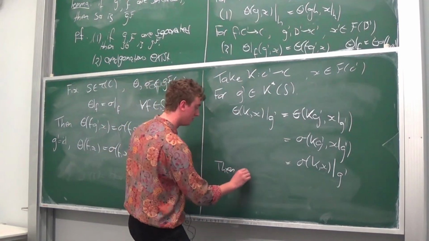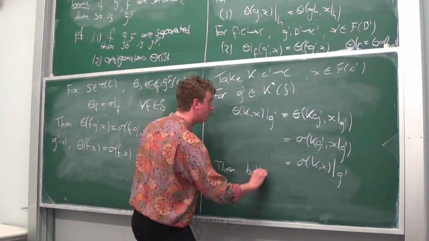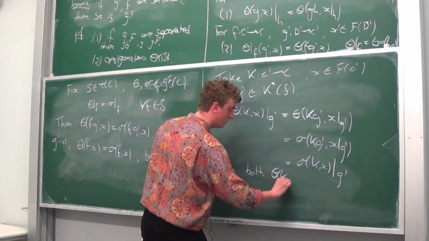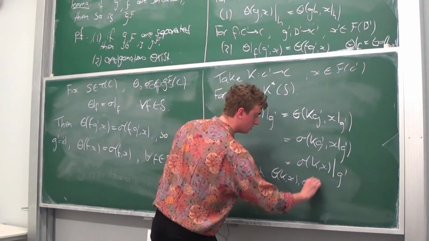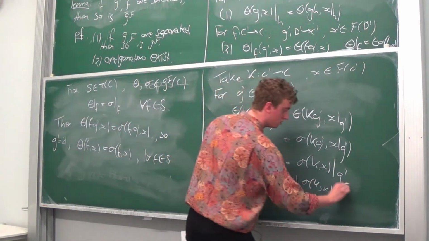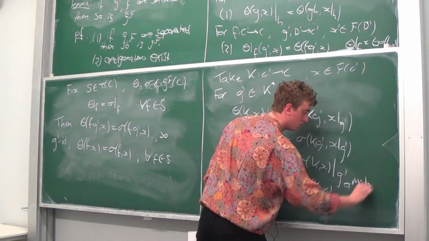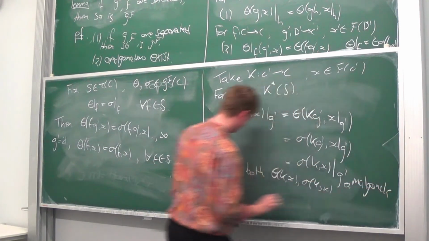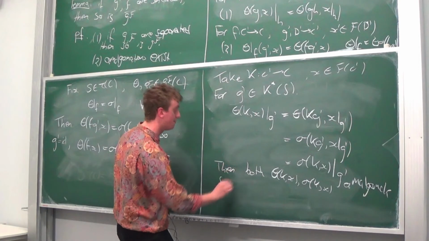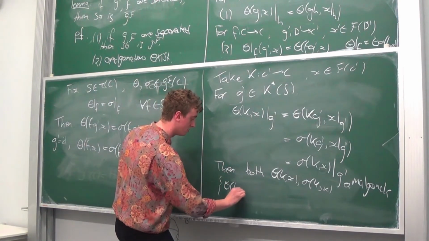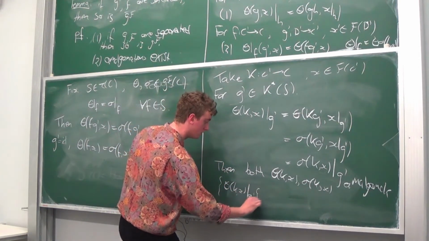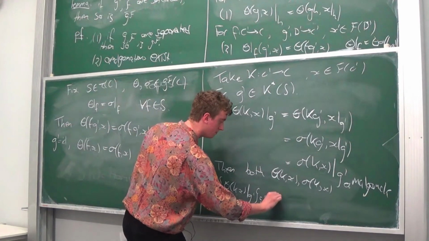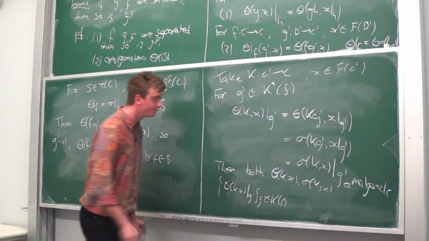So in symbols, both theta of Kx and sigma of Kx amalgamate this matching family given like this.